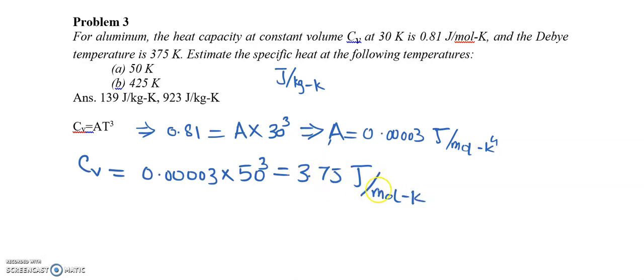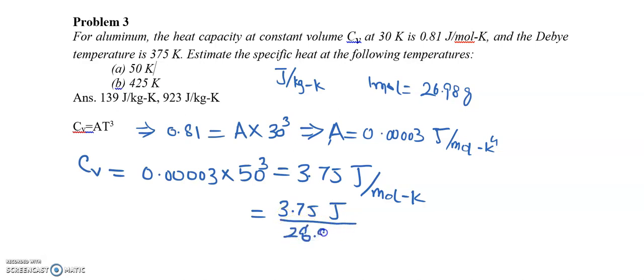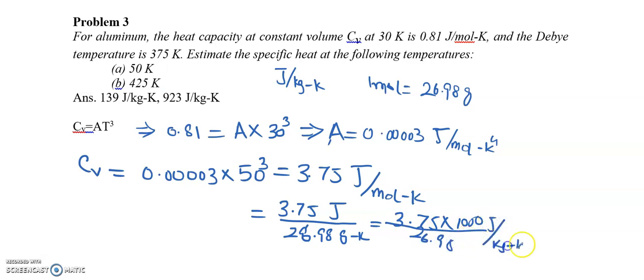We need to convert this value into joule per kilogram Kelvin. We know that for aluminium 1 mole is equal to 26.98 gram. So it will be 3.75 joule per 26.98 gram Kelvin, or in terms of kilogram Kelvin it will be 3.75 multiplied by 1000 divided by 26.98 joule per kilogram Kelvin.